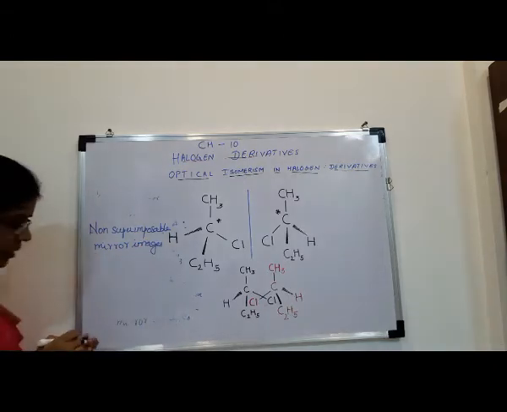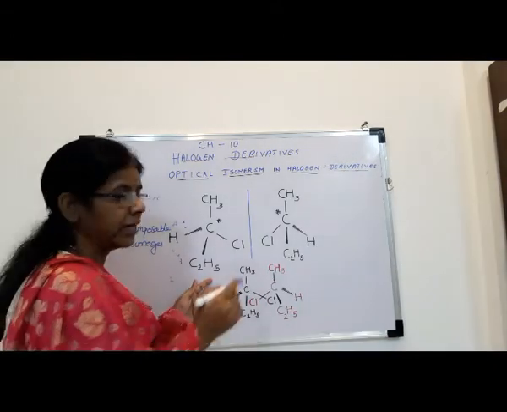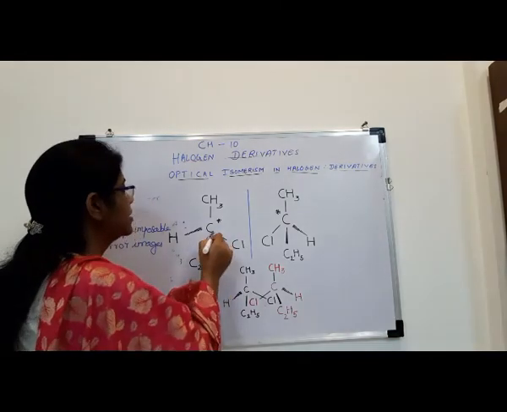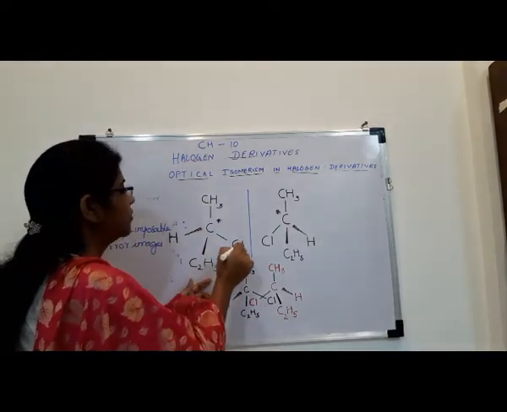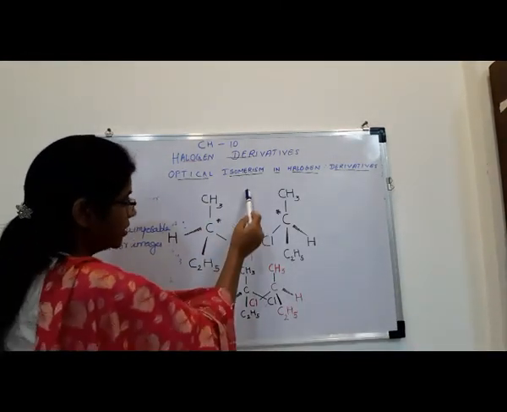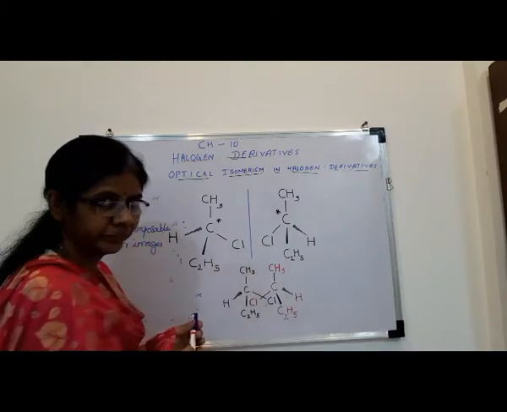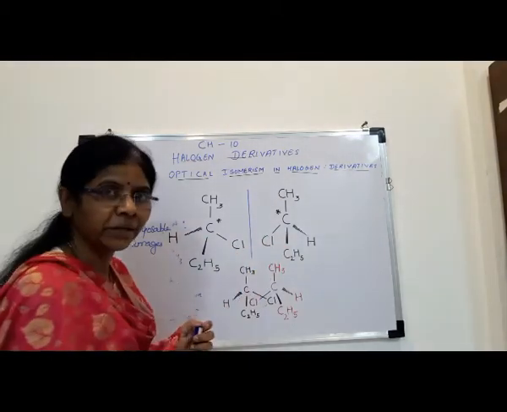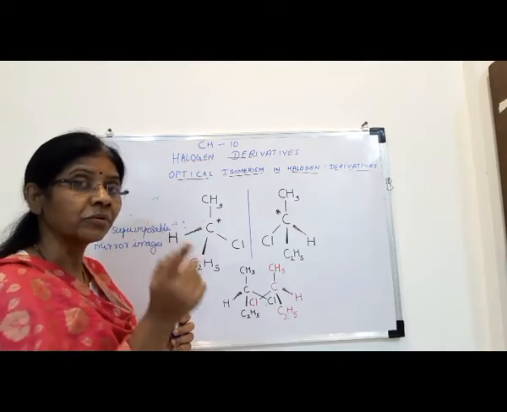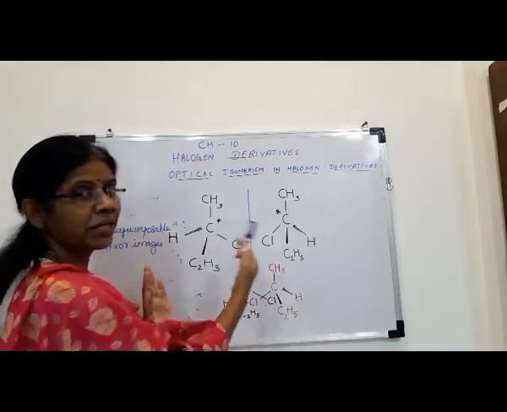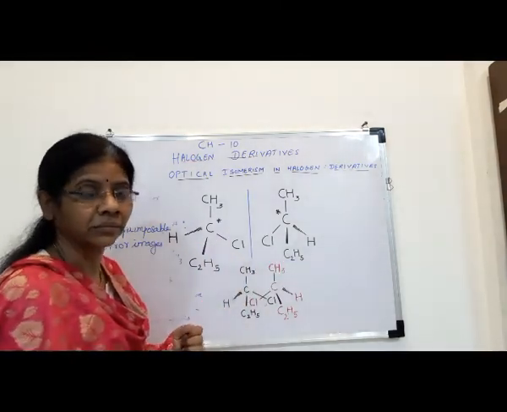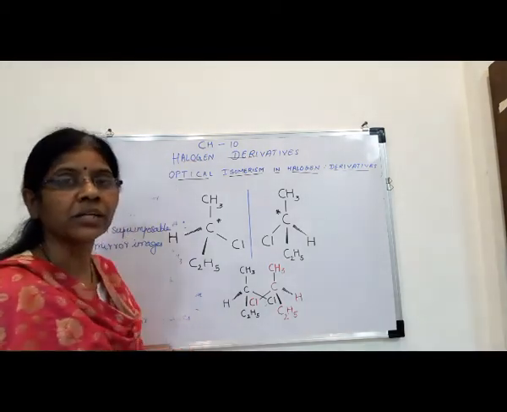Now see, the chiral molecule, that is 2-chlorobutane, C, CH3, H, C2H5, Cl. I have placed it in front of a mirror. I will observe its mirror image. But what is going to happen? The arrangement of the atoms is going to change.